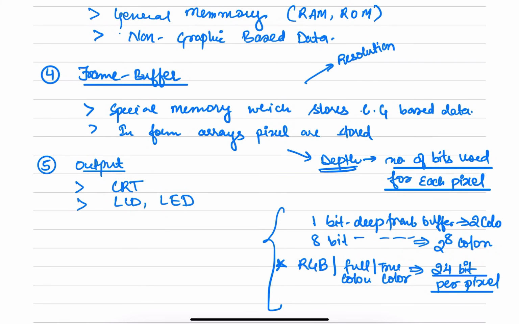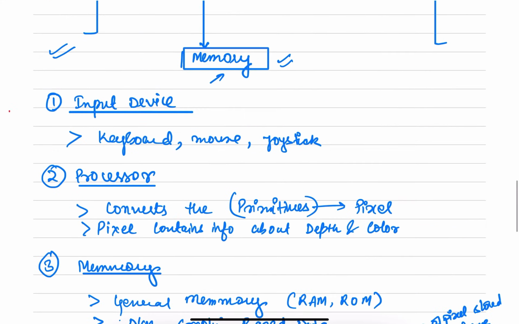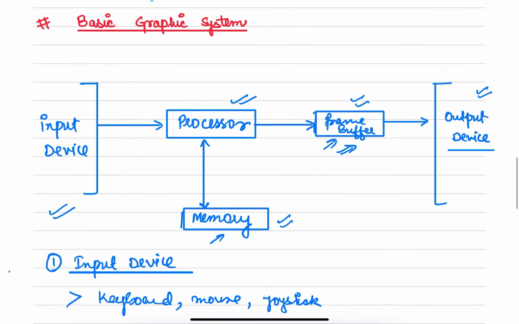And the other property of the frame buffer is resolution, which is the number of pixels stored in the frame buffer. That's it. So this is all about the basic graphic system, where we have an input device taking some inputs, and it goes to the processor.